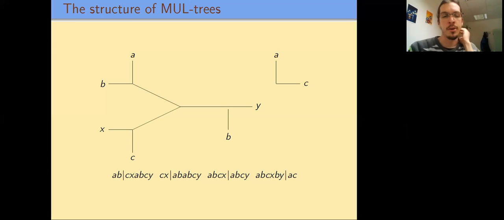So, split systems induced by phylogenetic trees. Phylogenetic trees, as opposed to multi-labeled trees, are well known since 1970.